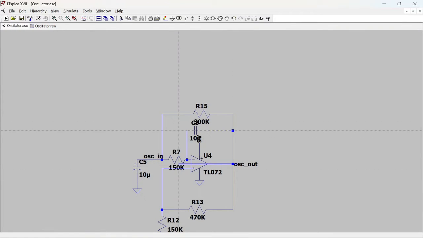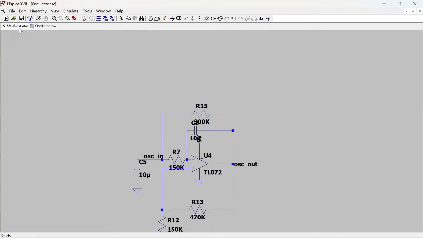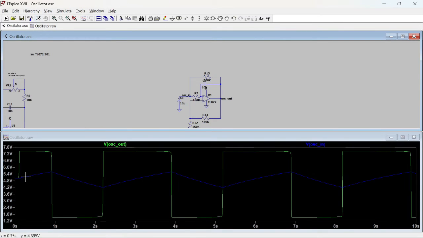Ah, yeah, it's the same thing. So that's really it. When I added these two components, this is exactly what our oscillator now looks like. It starts working straight away. So that's what I think this is used for.